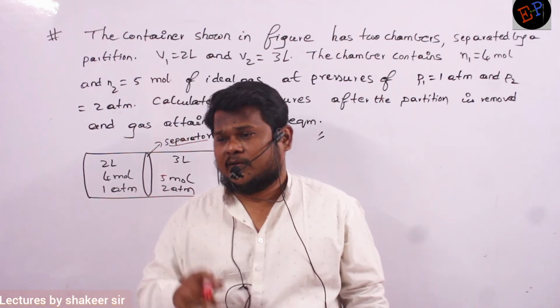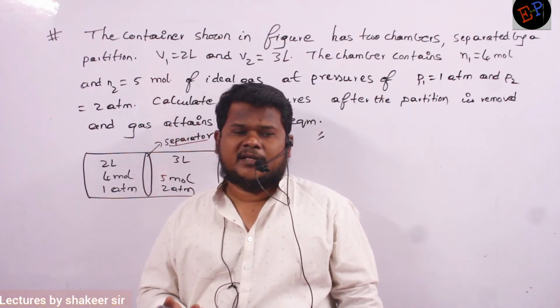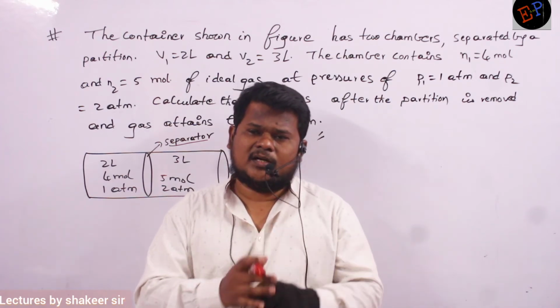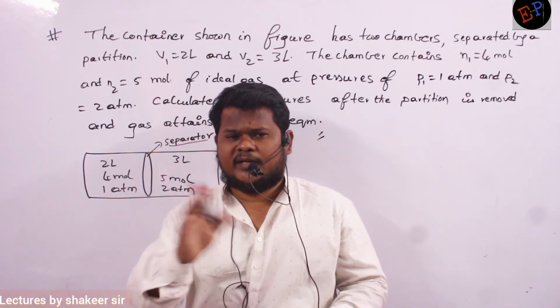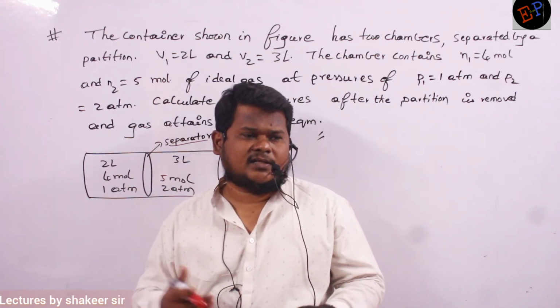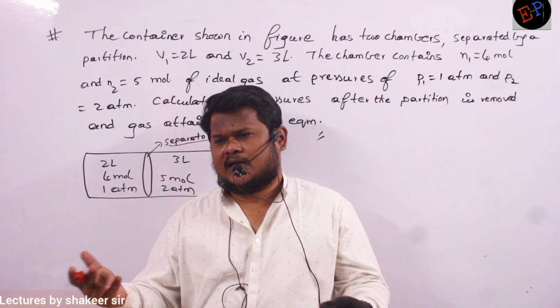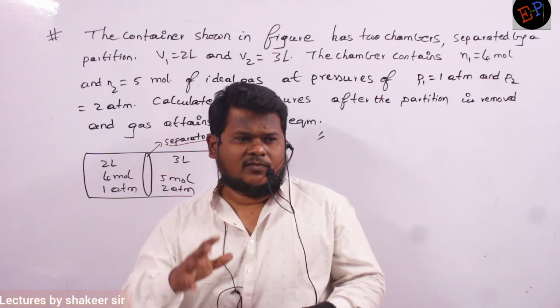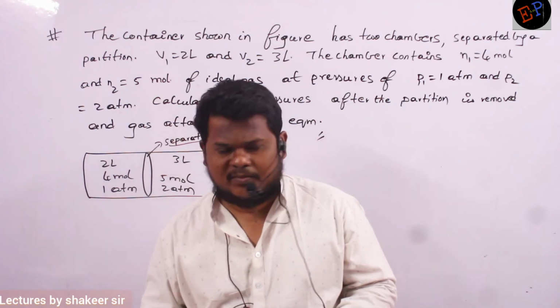Temperatures will be the same, because heat energy can travel from one chamber to another chamber. Diathermic means it can allow heat energy in both directions. But he did not say this is a diathermic separator. This is just an adiabatic separator. It means heat energy cannot flow from one side to another side. Are you able to understand?